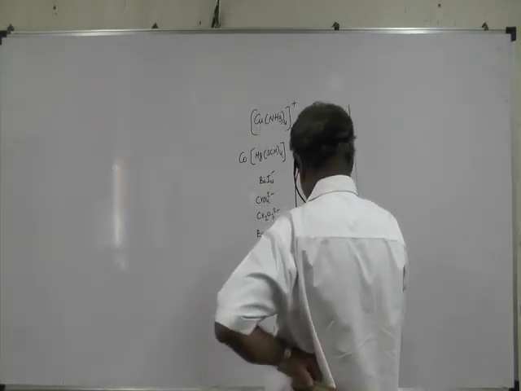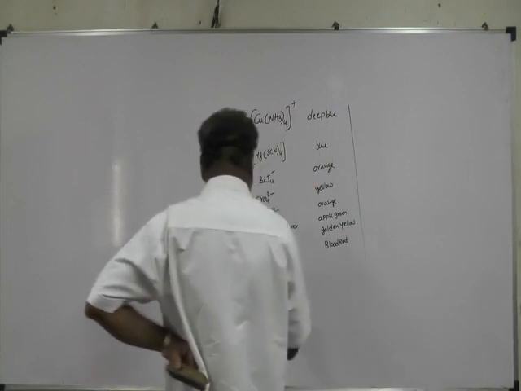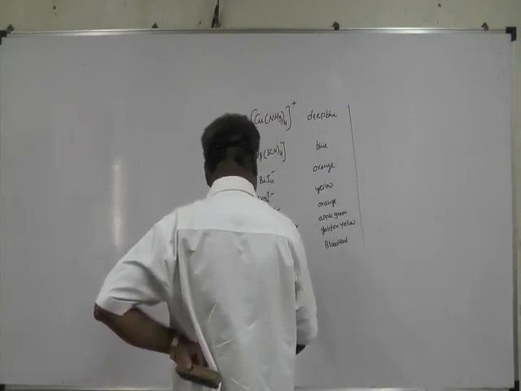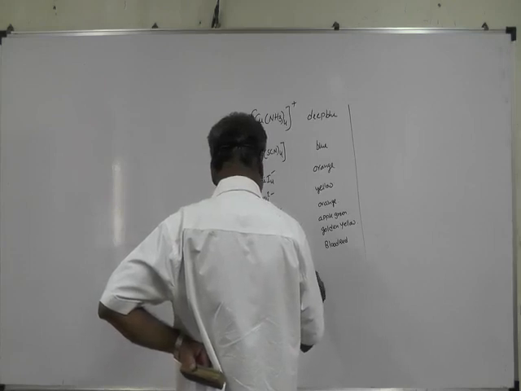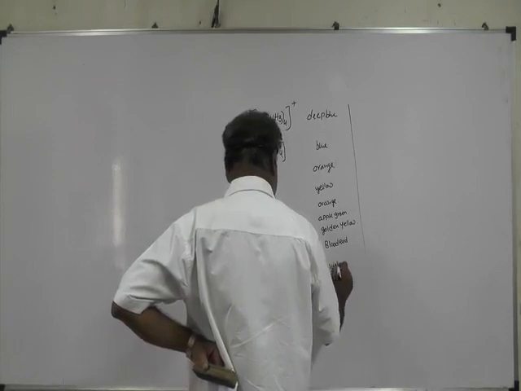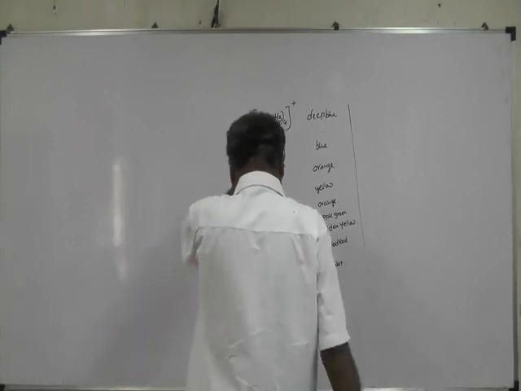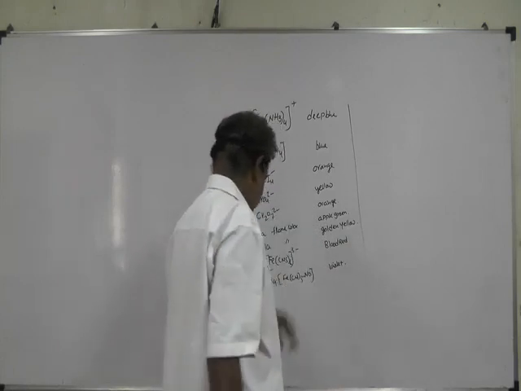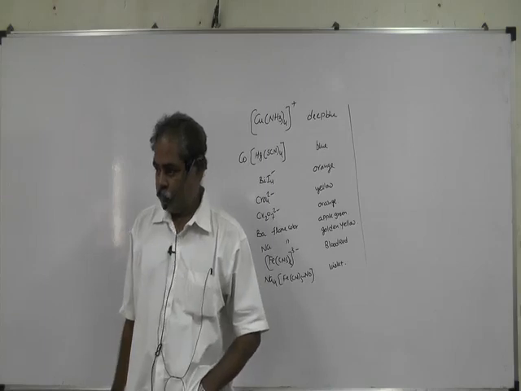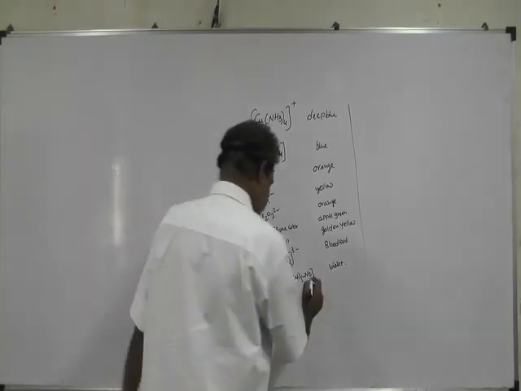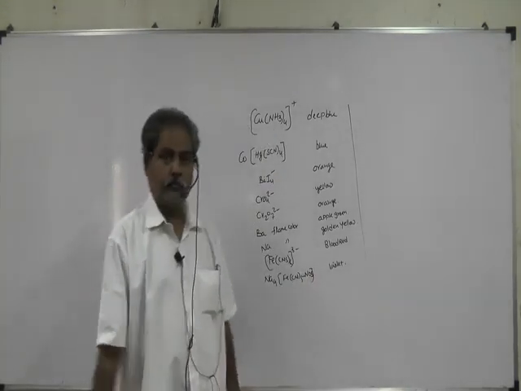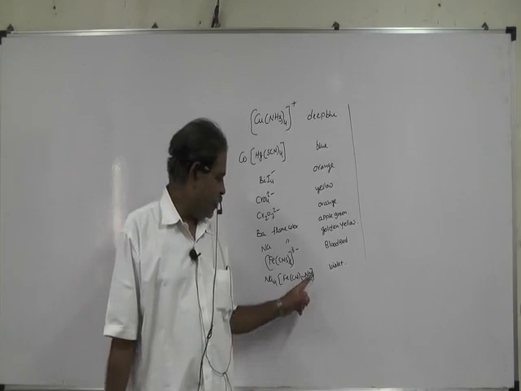Next, Na4 Fe CN5 NOS, sodium nitroprusside with sulfide is violet. NOS, sorry. Correct this NOS.